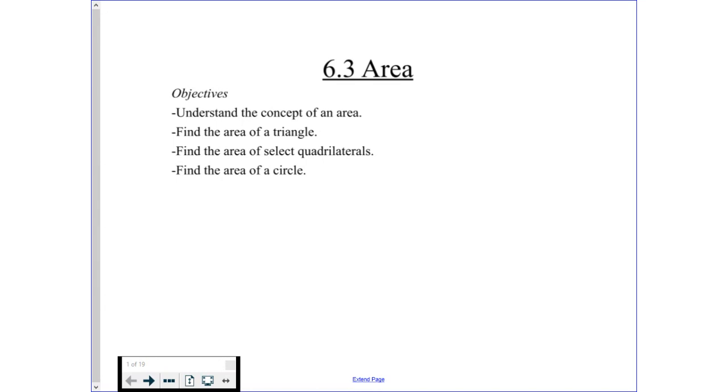So volume of different geometric figures: volume of rectangular figures, volume of a cone or a pyramid or a sphere or cylinder. So we are going to look at different formulas. So the lesson is relatively simple.